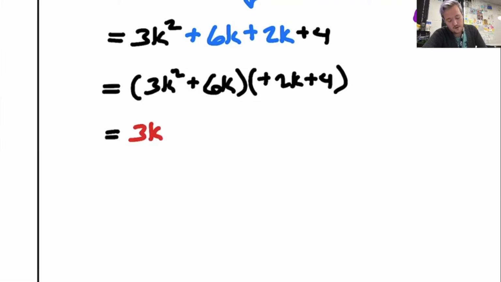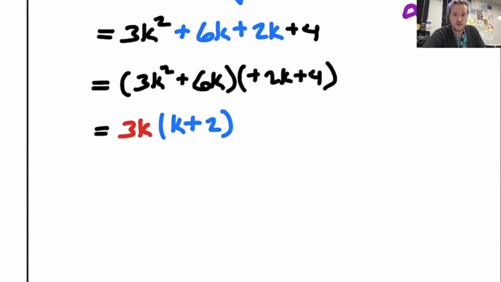So when you take out that 3k, you're going to have k plus 2. And then in red, your second group, between 2k and 4, you can take out a 2. So when you take out a 2, it's going to be k plus 2.